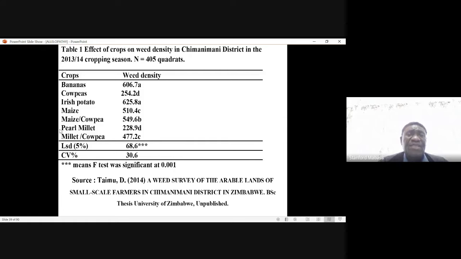There was a field study which was done in Chimanimani district by a student. It was interesting to note that some crops were associated with a very low number of weeds. For example, pearl millet.